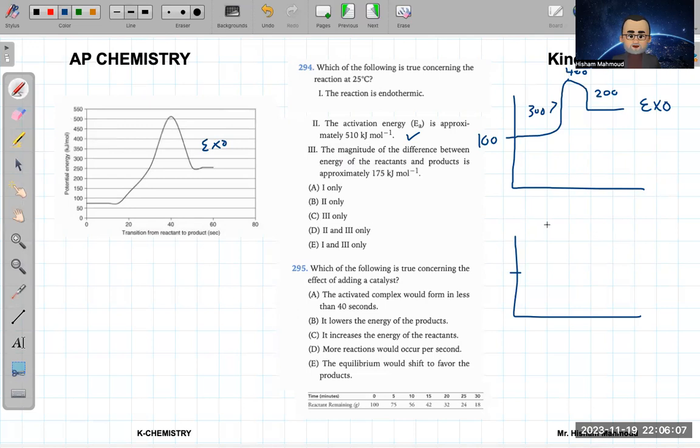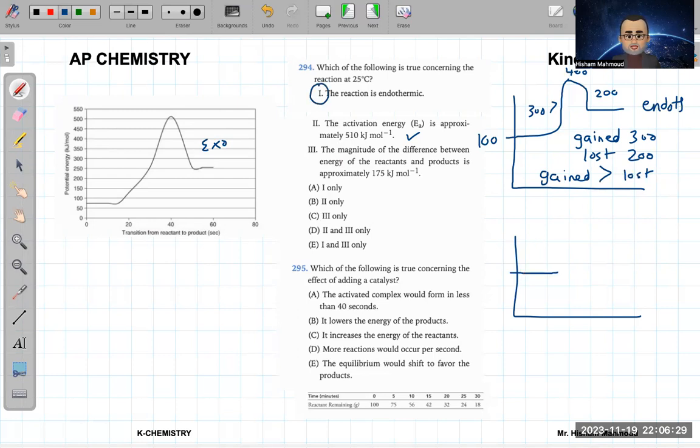And what about, mister, you gained 300 and lost 200. You gained more than you lost. You are endothermic, you are right. But what happens when you gain the 300? You become 400. And then you lost 400. You become 0.